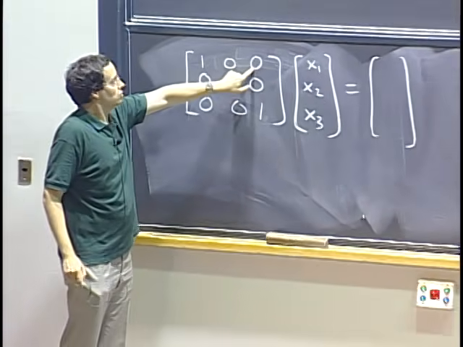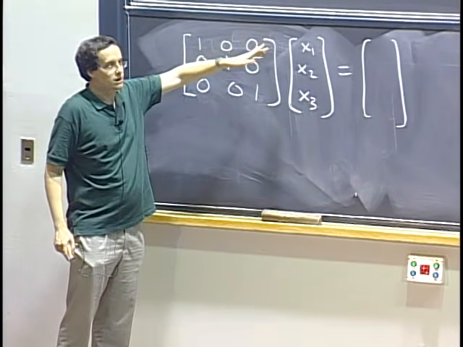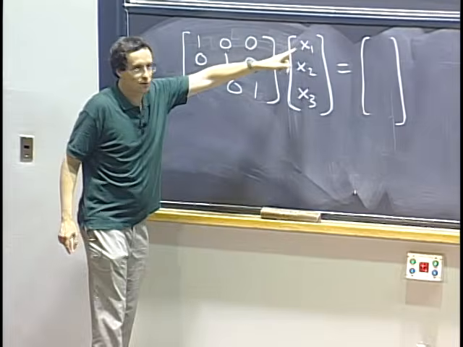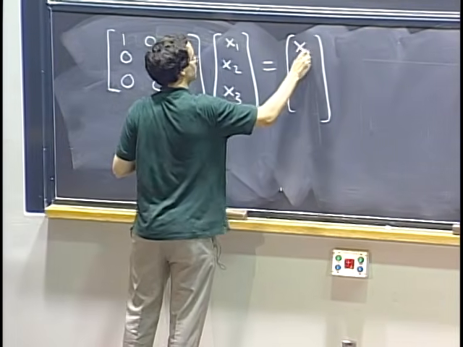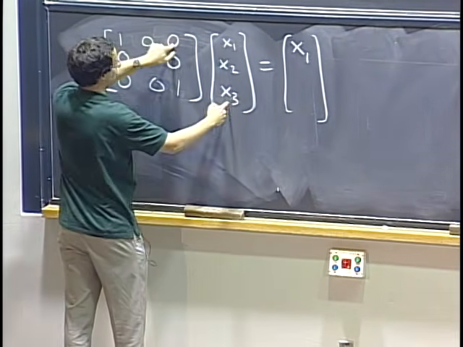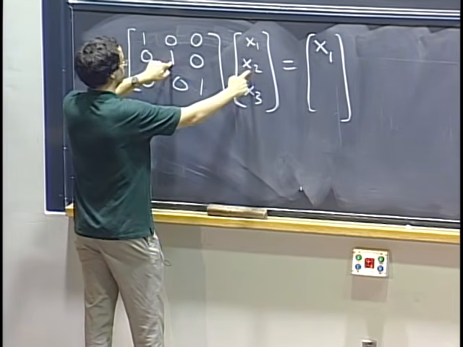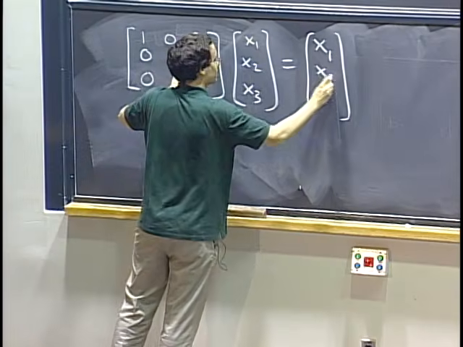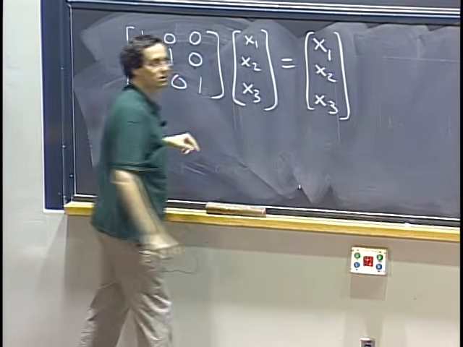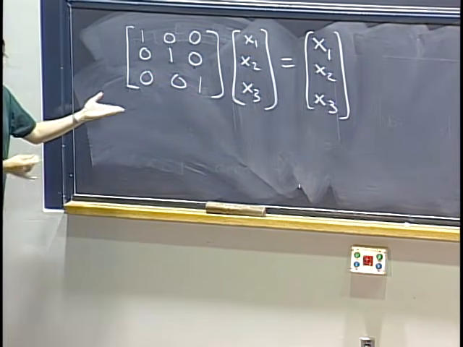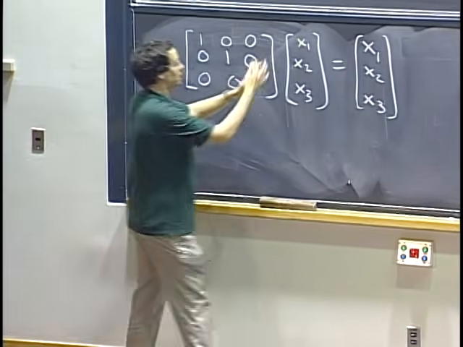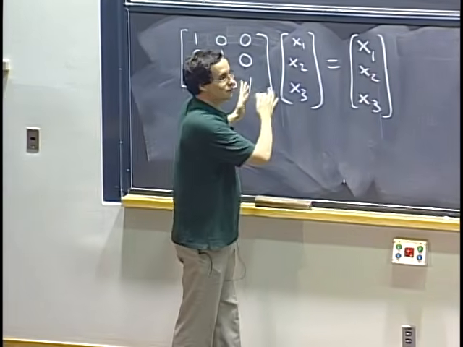So if you do the dot product with i hat, you will get the first component, x1: 1 times x1 plus 0, 0. Similarly here, if I do the dot product, I get 0 plus x2 plus 0. I get x2, and here I get x3. Okay, it works. Same thing if I put here a matrix, I will get back the same matrix.